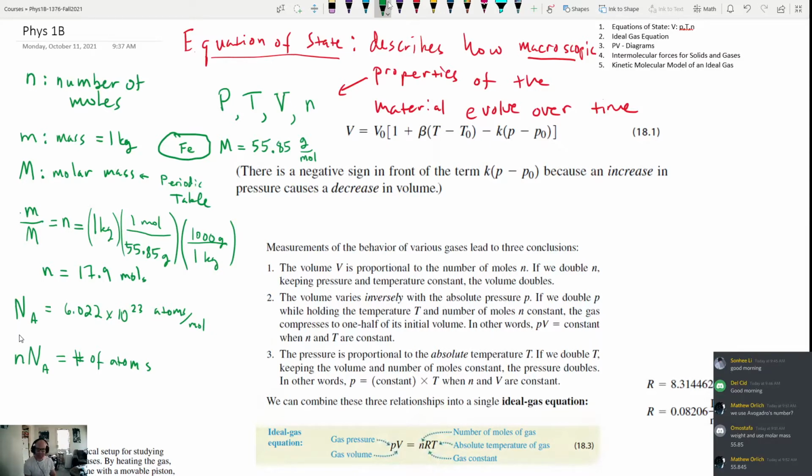Any ideas? You can use the symbols that we have here. Maybe write an equation or something. Mass of a single atom.